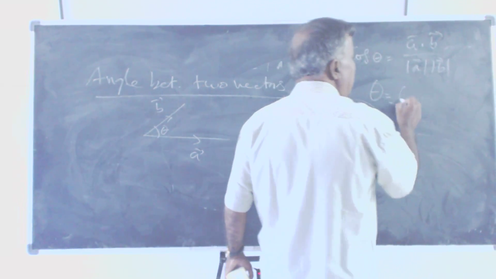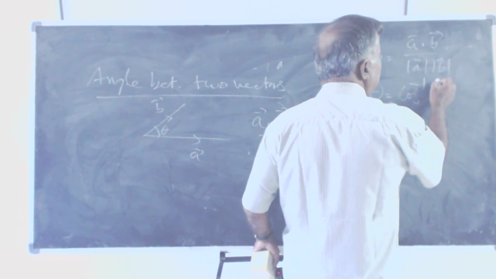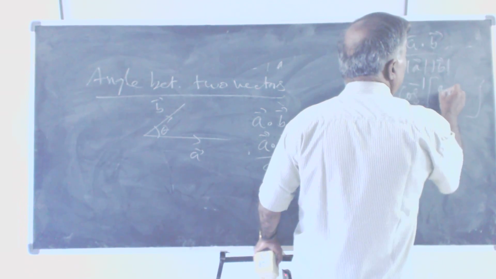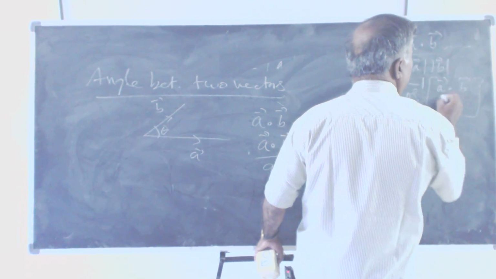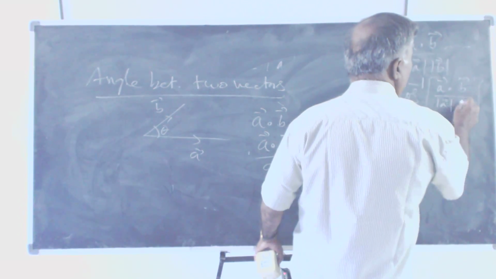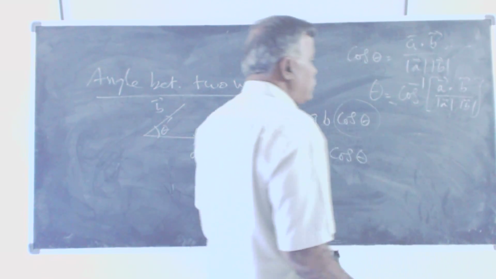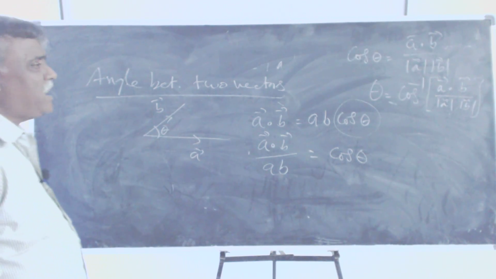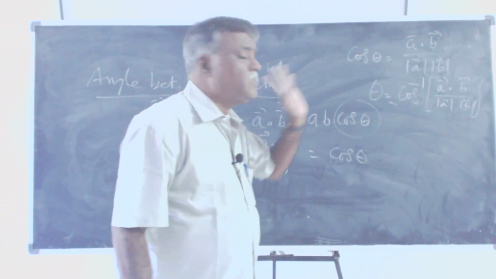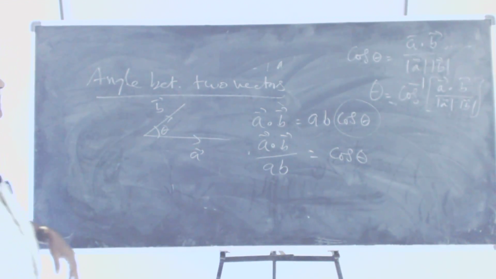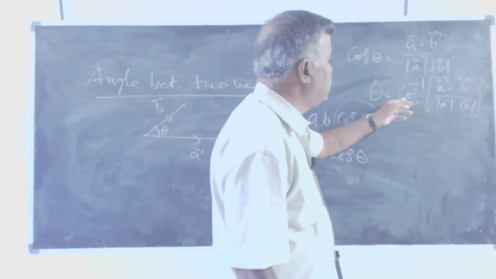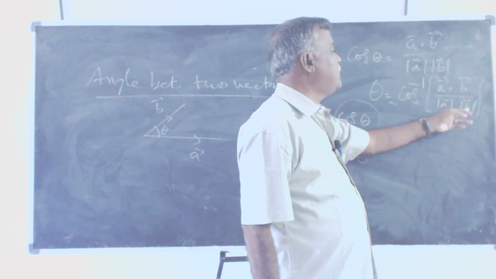Take this cos to this side. Cos inverse of a dot b divided by mod a mod b. So now we have got a formula to find the angle between two vectors. The formula is theta equal to cos inverse of a dot b divided by mod a mod b.